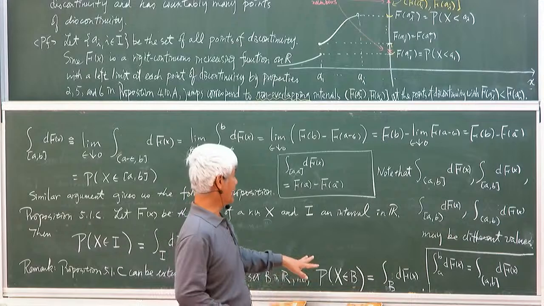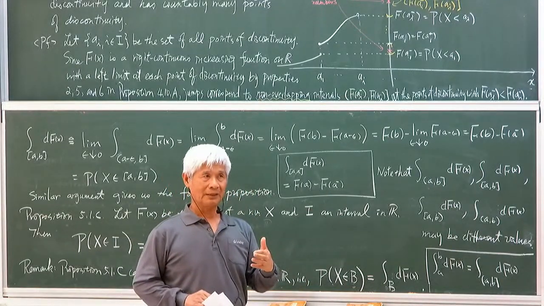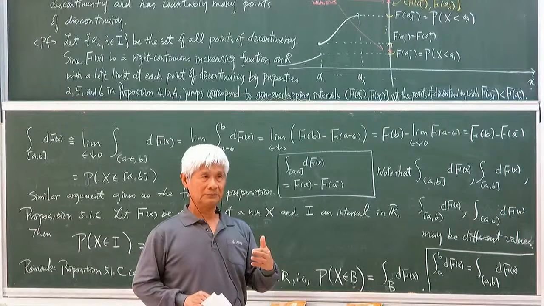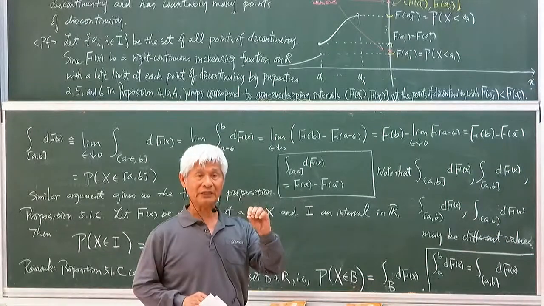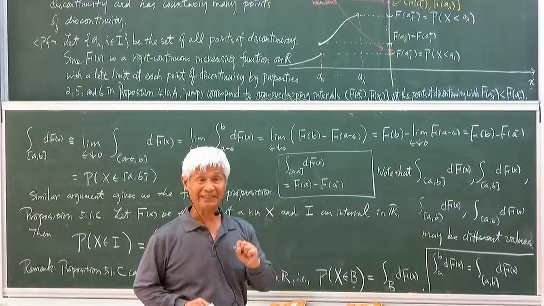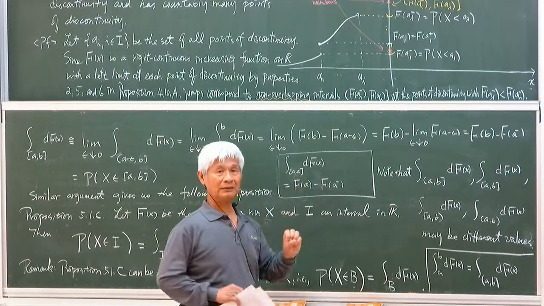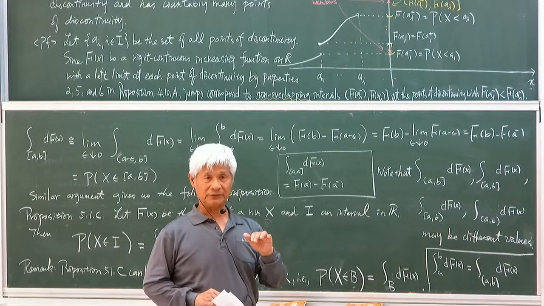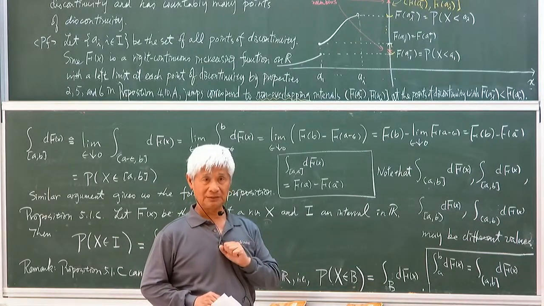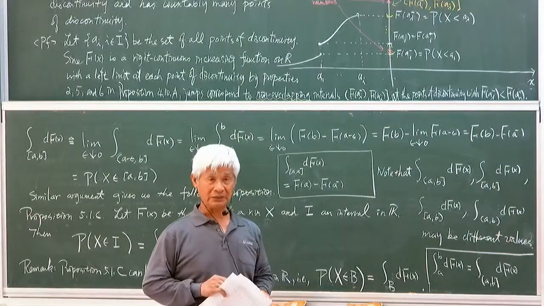But later on, if we consider random vectors, which means that we consider random variables together, then we must define the so-called joint cumulative distribution function, a joint distribution among two or more random variables.